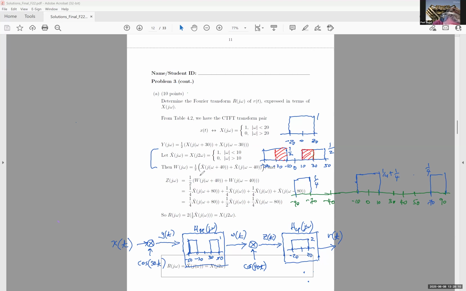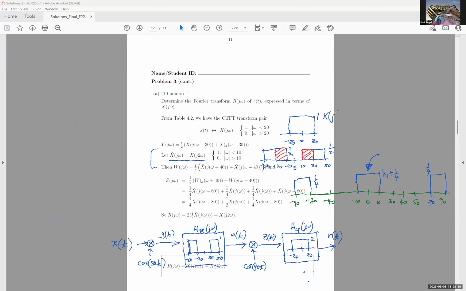the thing that may be confusing is this use of the x tilde, and that's because this part right here, you were asked to express things in terms of x of j omega, but you see you've now basically created a portion of this transform that's kind of like a scaled version in the frequency domain of x of j omega.